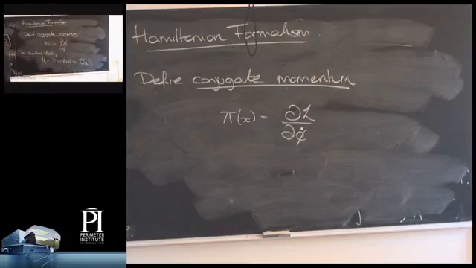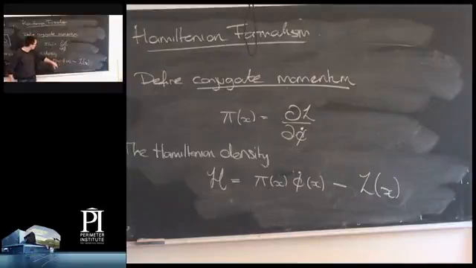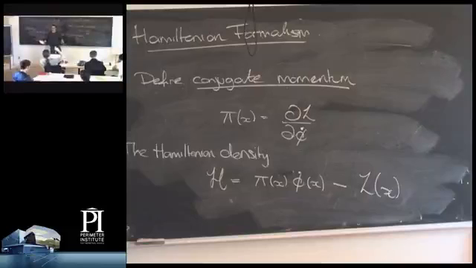And just as in classical mechanics, you should view this not as a function of phi dot, but everywhere there's a phi dot, you should view that as a function of pi defined by this equation here. Okay, so you should view this as a function of the conjugate momentum pi and the fields phi, but not phi dot. Exactly the same story as usual.